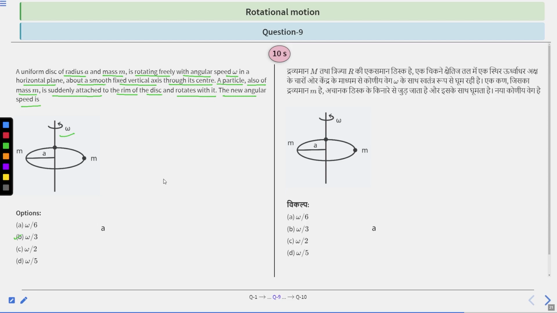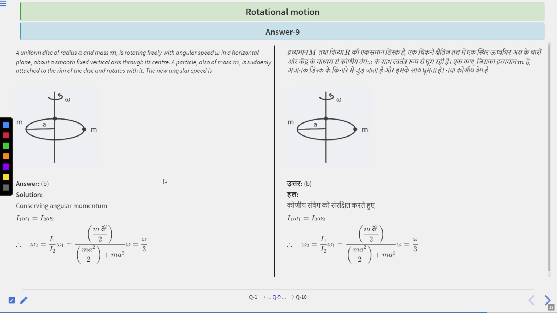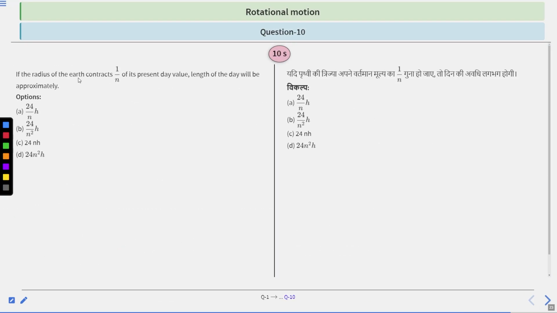Next question. Question 10. If the radius of the earth contracts to 1 by n of its present day value, the length of the day will be approximately what? The question asks about the length of the day.